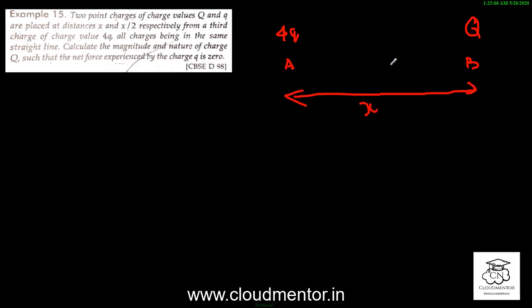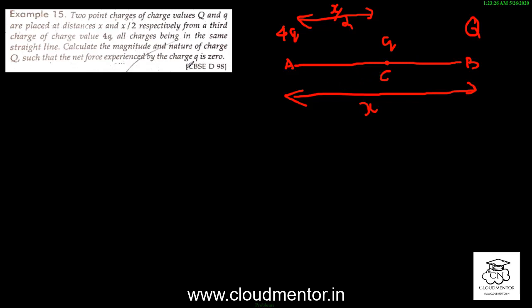And let C be the place where small q charge is placed, and that will be x by 2 distance apart, this is in the middle. So this is the figure we need to know.